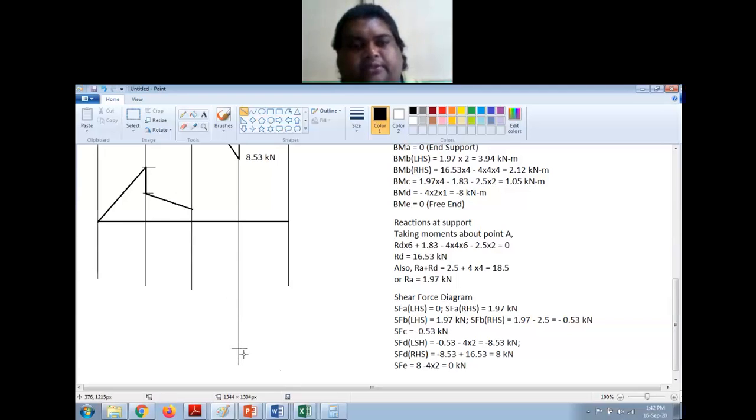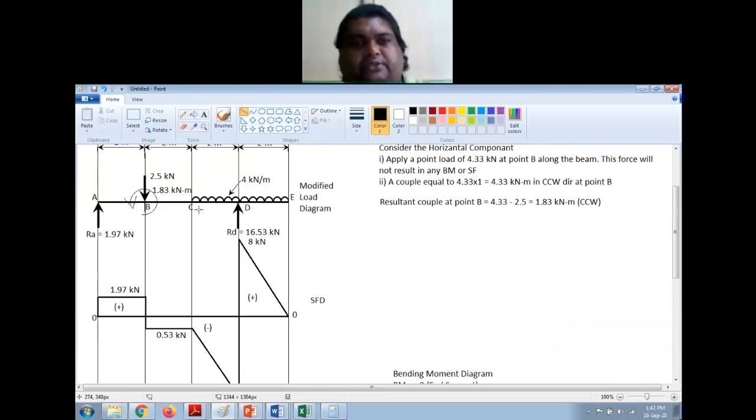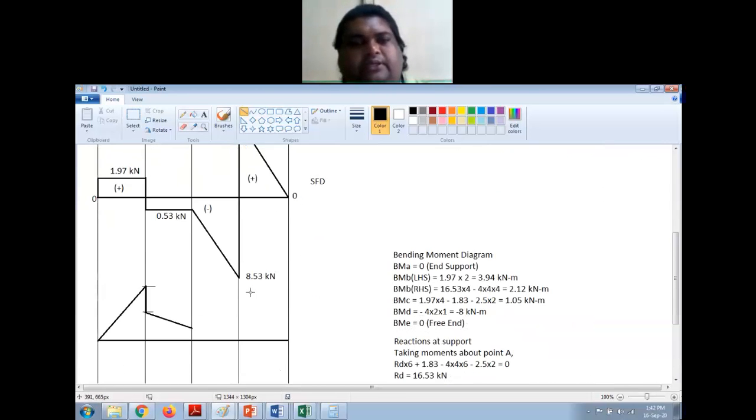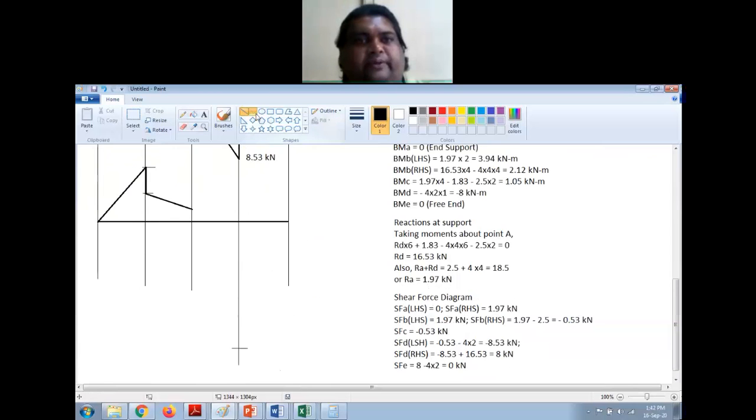Now the BMD in this section C to D is UDL, so the variation will be a parabolic curve. So I have to join this by a curve like this, and from here to here also will be a parabolic curve.